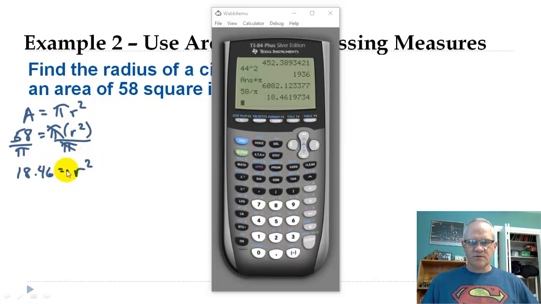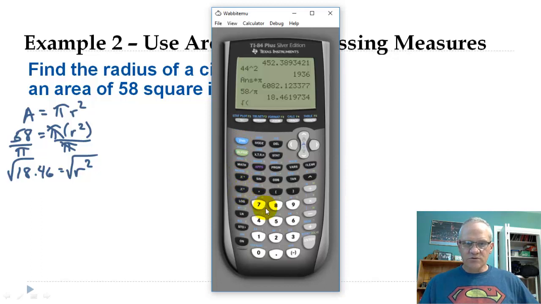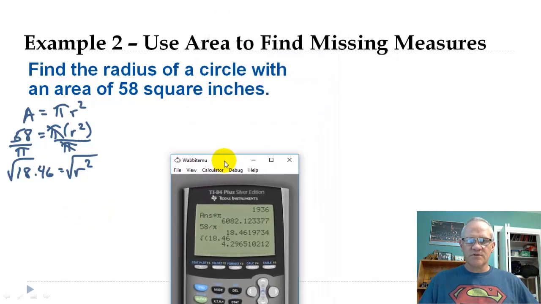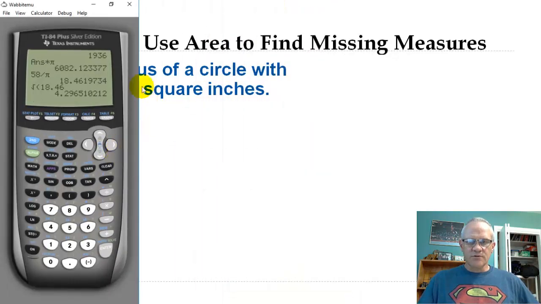We take the square root. So we'll just take the square root of that number. I'm going to go second function square root of 18.46. It didn't say to round it.